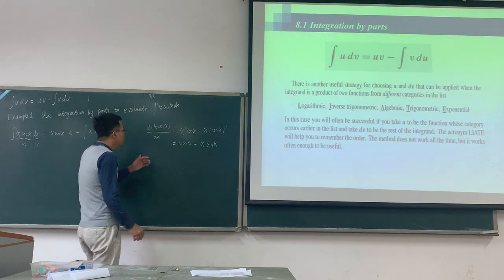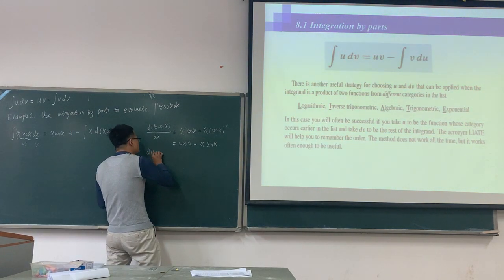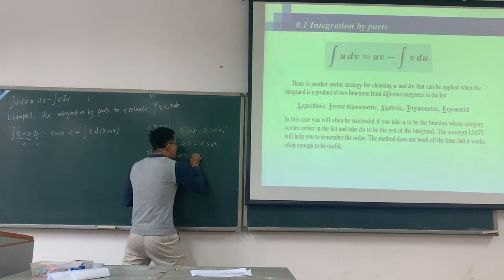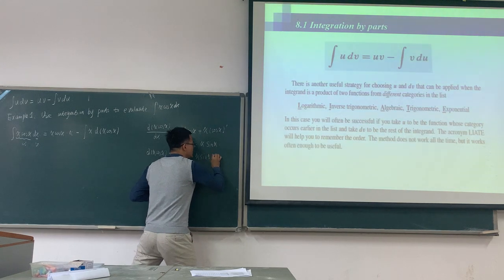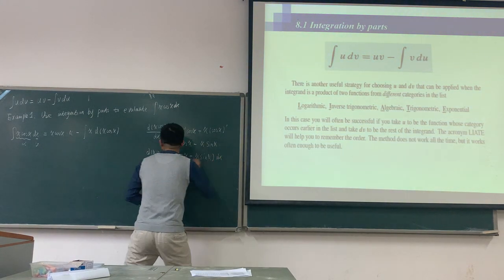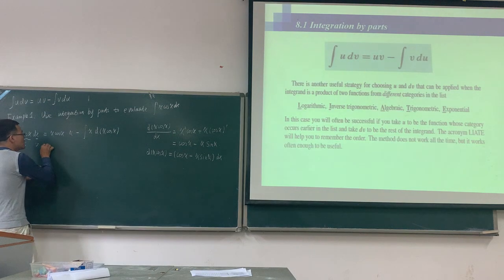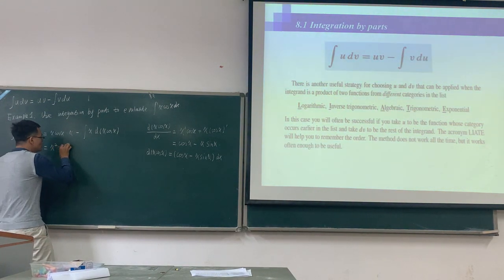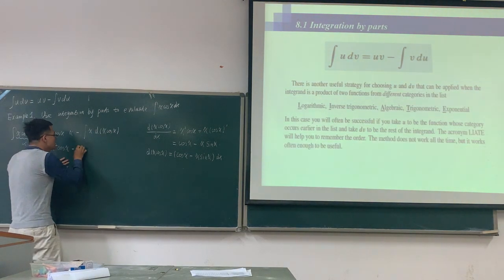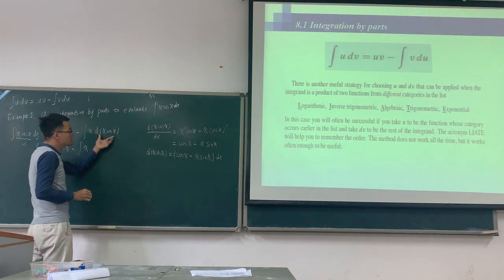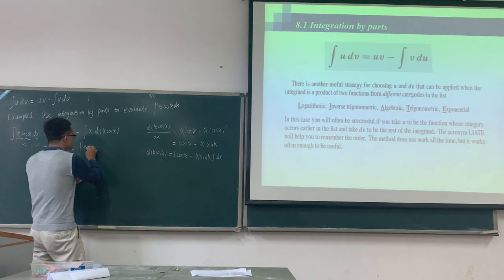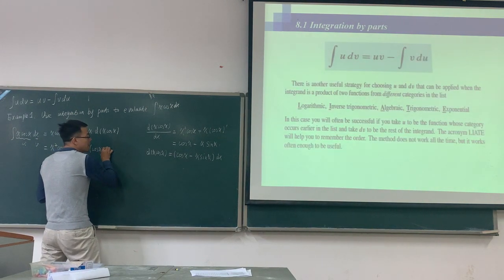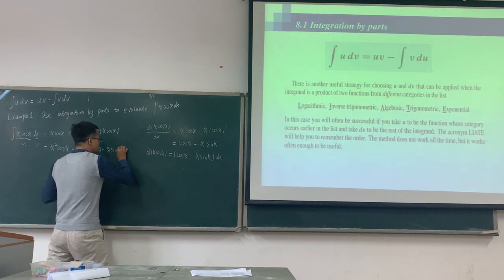So du equals cosine x minus x sin x dx. So from here we obtain x times x cosine x minus x times this part, cosine x minus x sin x dx.